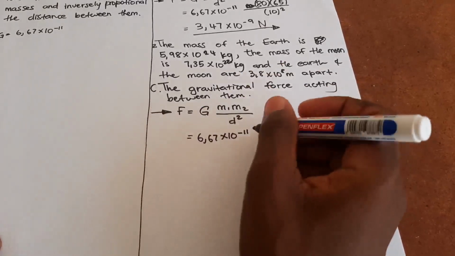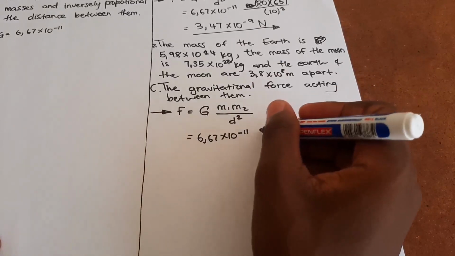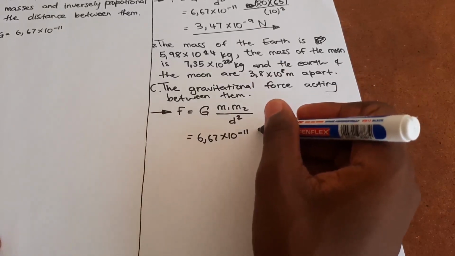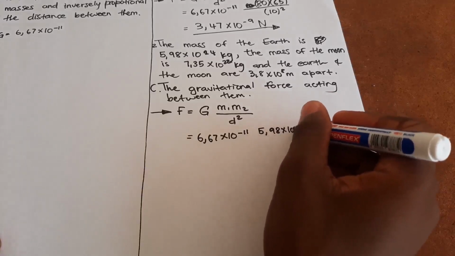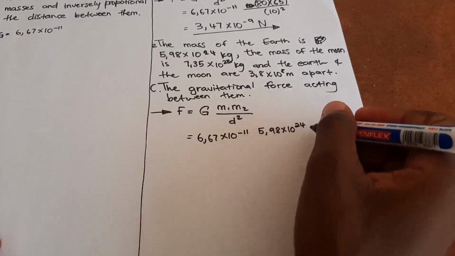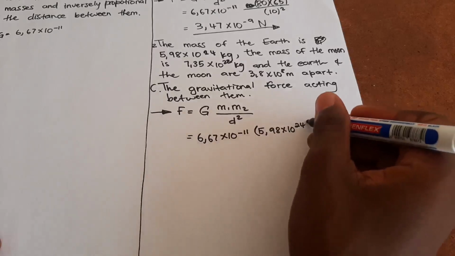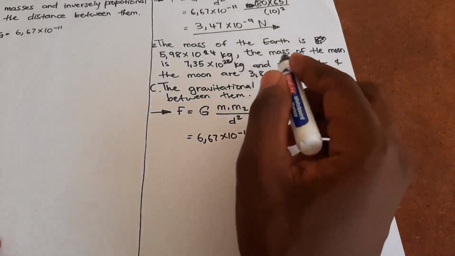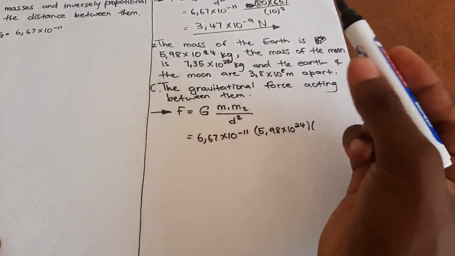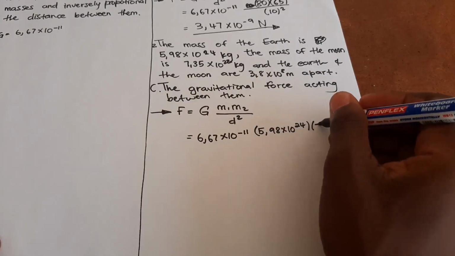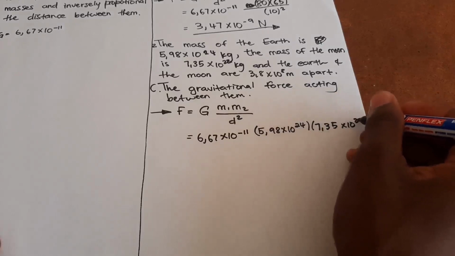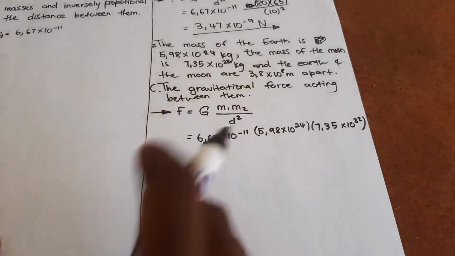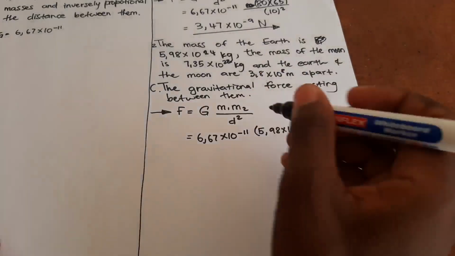Mass 1, which is the earth, is 5,98 multiplied by 10 to the power of 24. The mass of the moon is 7,35 multiplied by 10 to the power of 22.